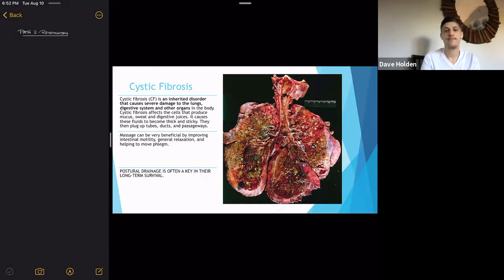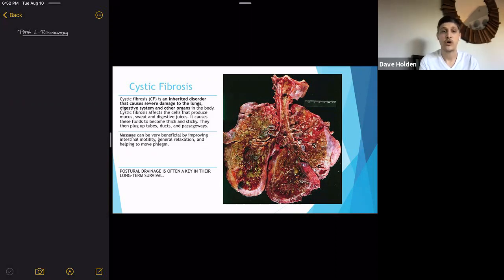Cystic fibrosis. I know this one looks pretty gnarly, but cystic fibrosis is a really gnarly disease. It is an inherited disorder. It is a defect in a gene which codes for the way that certain cells produce secretions.